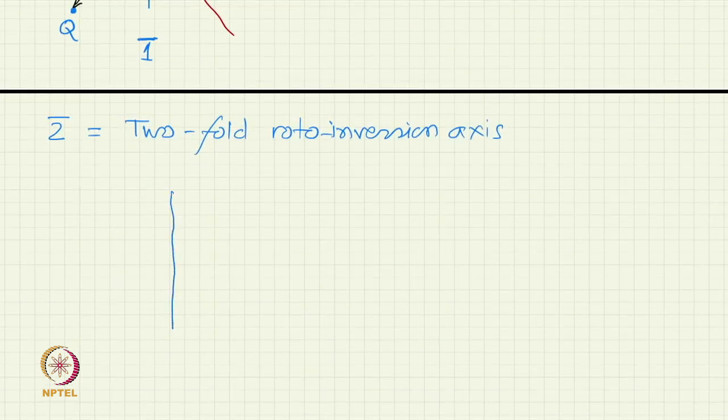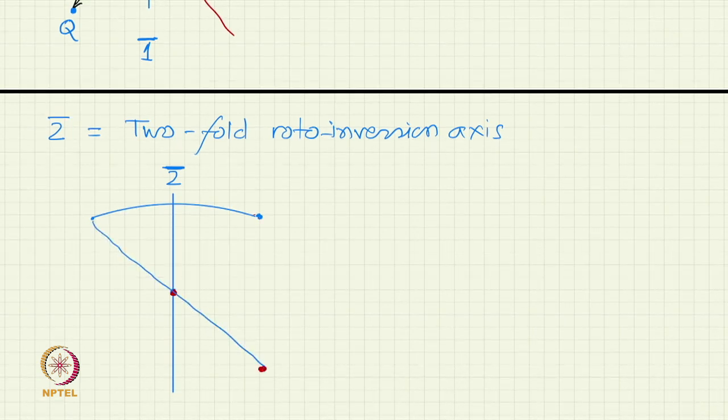Twofold roto inversion axis is also interesting. Now consider a point. Since this is a 2 bar axis, it is an axis and there is a center. You now rotate by, since it is a twofold, 180 degree, and after rotation you invert.